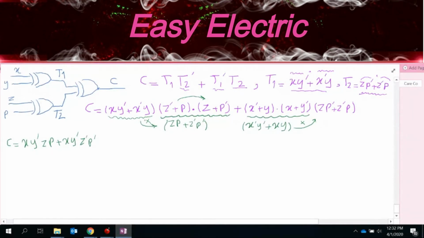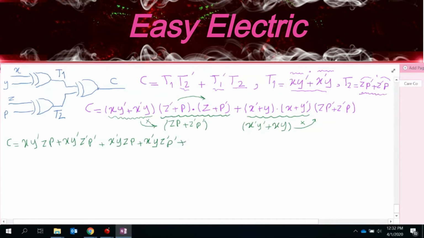I just distribute this inside these parentheses. Plus, same thing for the next term: x prime y zp plus x prime y z prime p prime, times this inside this parenthesis. Same for the other one.